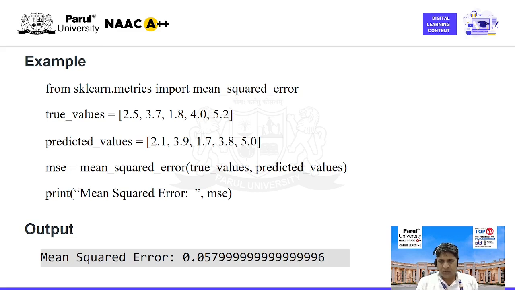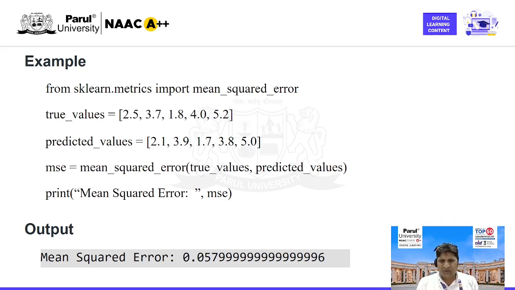Now it calculates the difference, then takes the square, then sums and takes the mean, and then we print the MSE. You can see the mean squared error is 0.05.